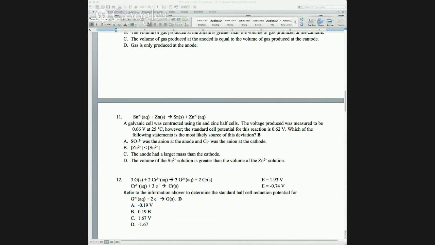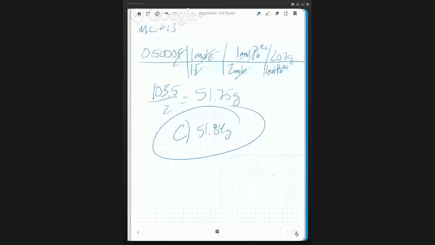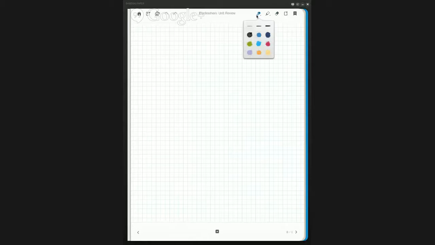All right, so let's go to the bamboo tablet. I'm going to draw this cell because that's what's going to help you see this.